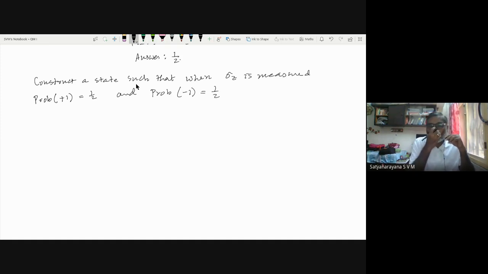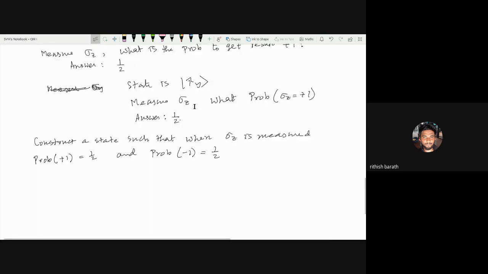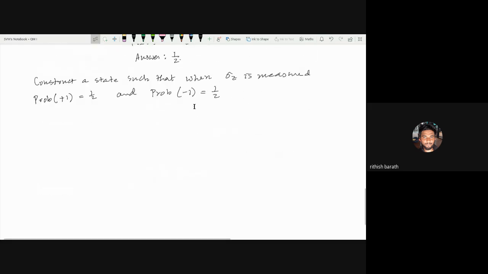Which state will you construct? You can use both sigma x as well as sigma y. So it can be sigma x or it can be sigma y, correct?